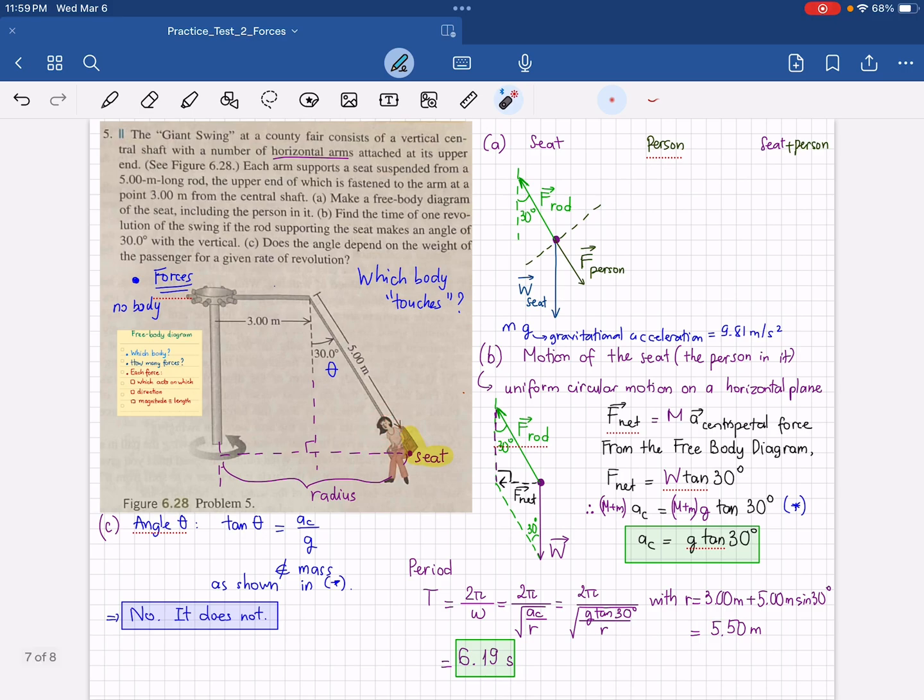Okay, so actually she's sitting on the seat, right? And if she sits on the seat, then the seat should also react and add a force on her.